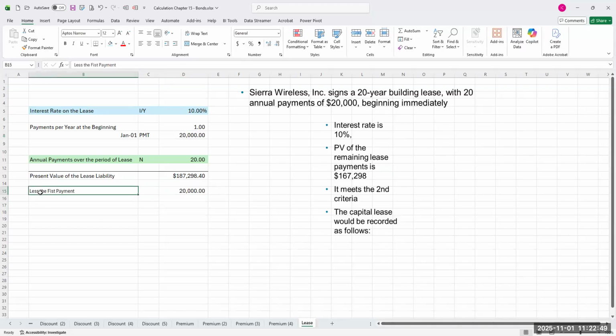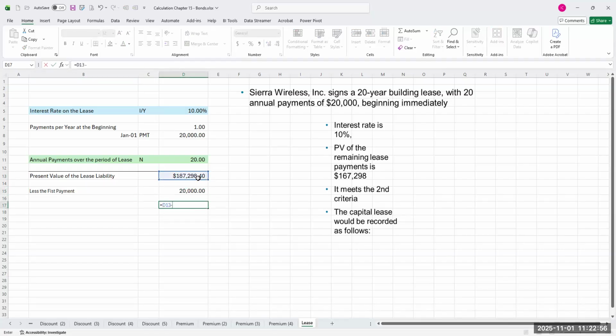So after the first payment, on January 2nd, our lease liability is this one minus that one. And this is the present value of the remaining lease payments, as you can see here.